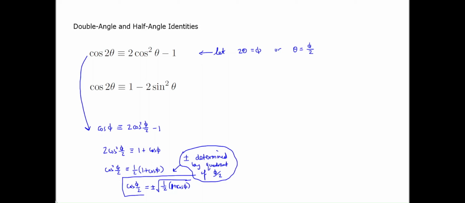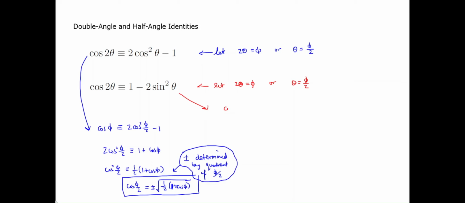Now for cosine, okay, let's do the same thing to generate a half angle identity for sine. So as before, we're going to use this other identity, but we're going to do the same procedure. We're going to let 2 theta equal phi, or theta equal phi over 2. Okay.